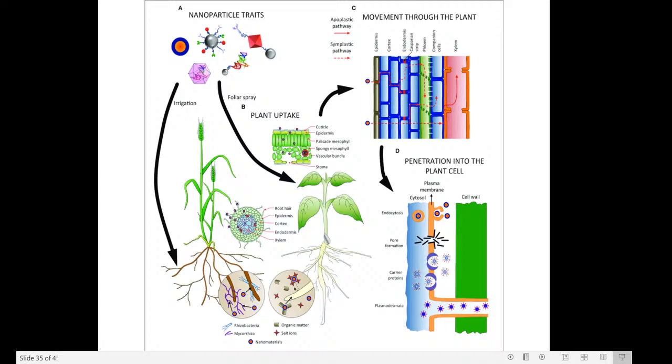In the xylem, it follows the apoplastic process. Some molecules can enter directly through all the membranes and reach the xylem. Then penetration by endocytosis may happen with the ions, and pore formation, and there is a receptor based one, and the plasmodesmata process. Plasmodesmata make a connection between the external surface and the internal membrane.